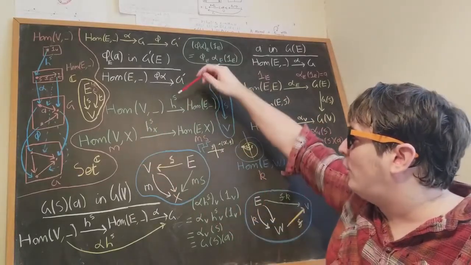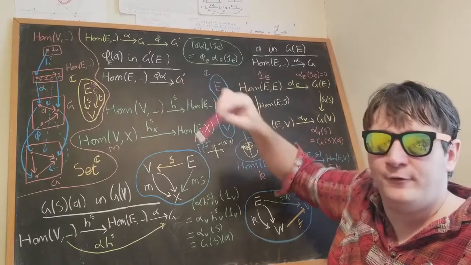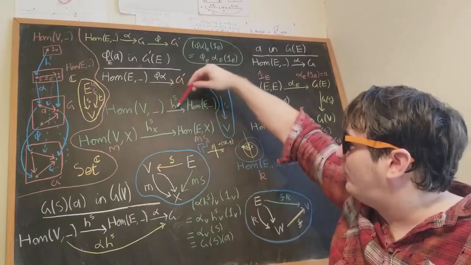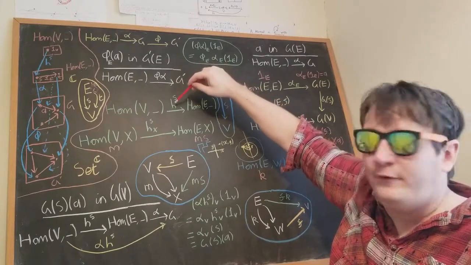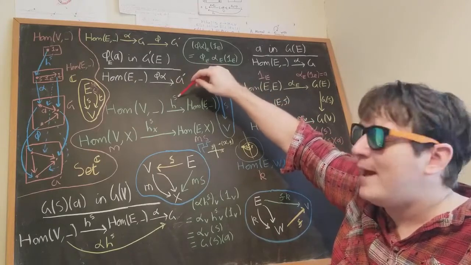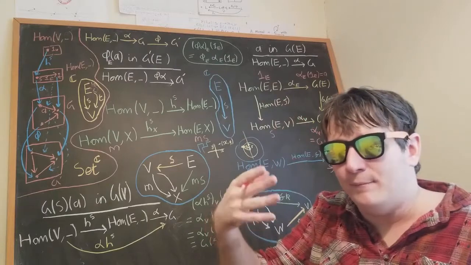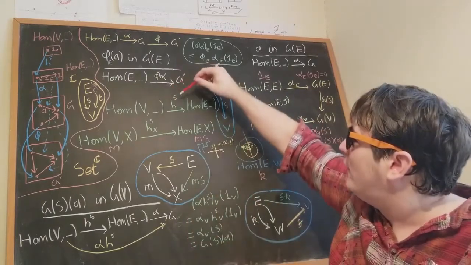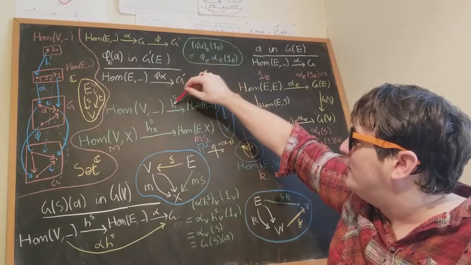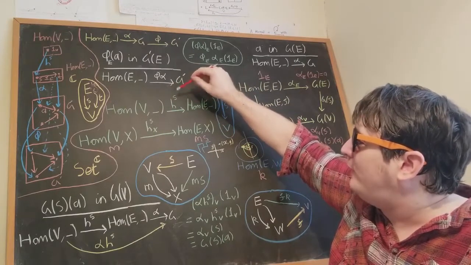And I'm just calling this H to the power of S, but this is just sort of notation to remind that this arrow is associated with S. There's nothing directly related to exponentiation or anything here. This is just a way of recording that this arrow here has something to do with S.